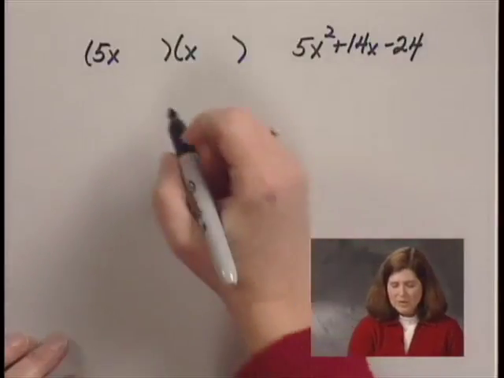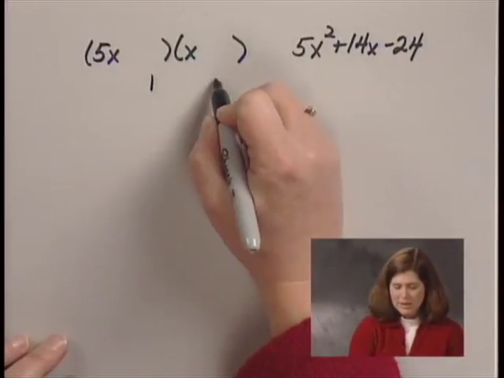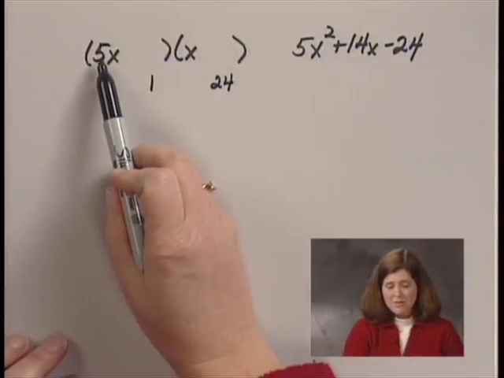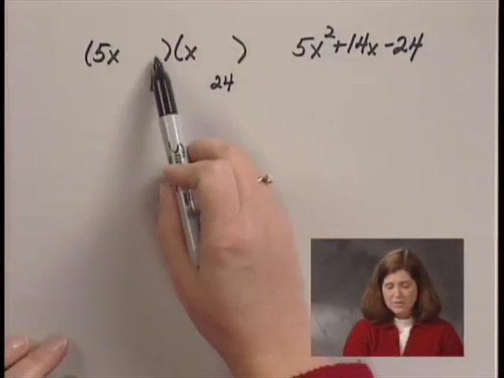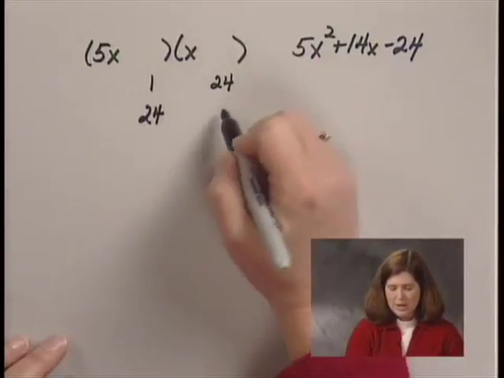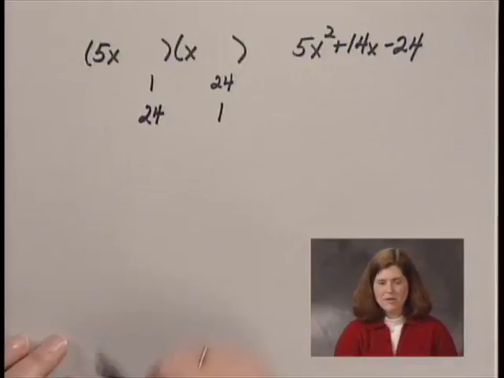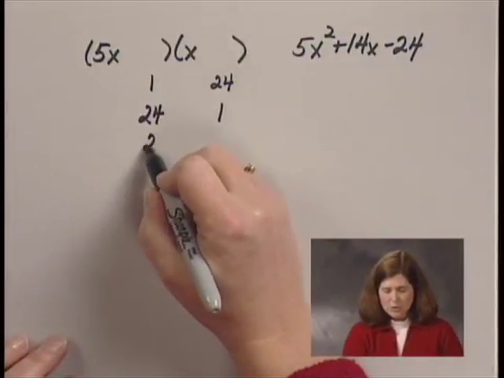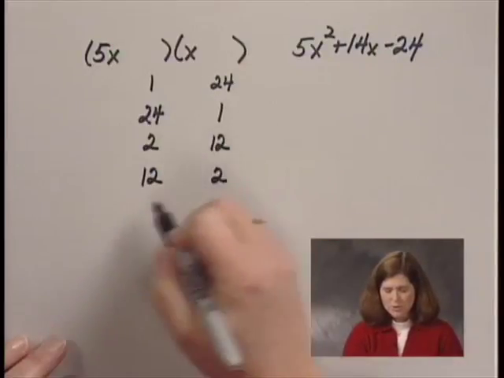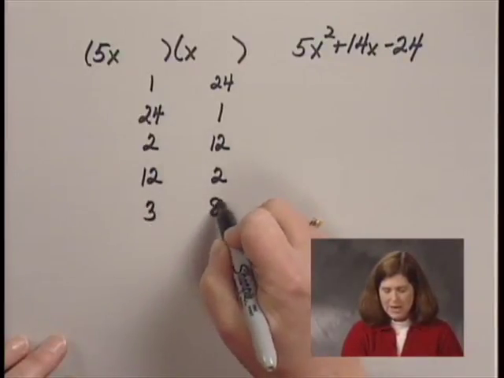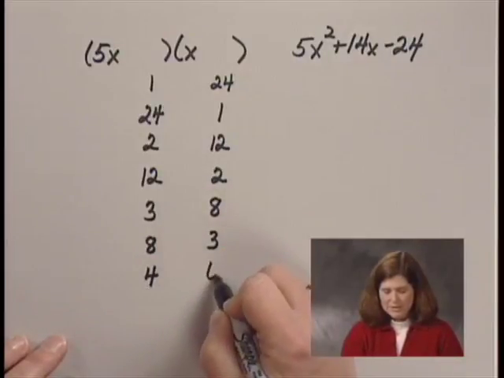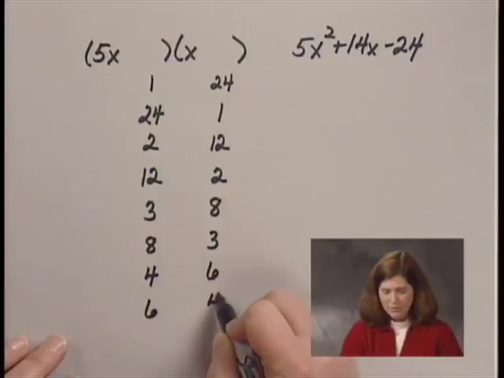Now my possibilities, again, will be 1 and 24. And since I'm multiplying this number by 5 and this number by 1x, really 24 and 1 will be possibilities. I'll come back with a negative sign in a minute. 2 and 12, 12 and 2, 3 and 8, 8 and 3, 4 and 6, 6 and 4.